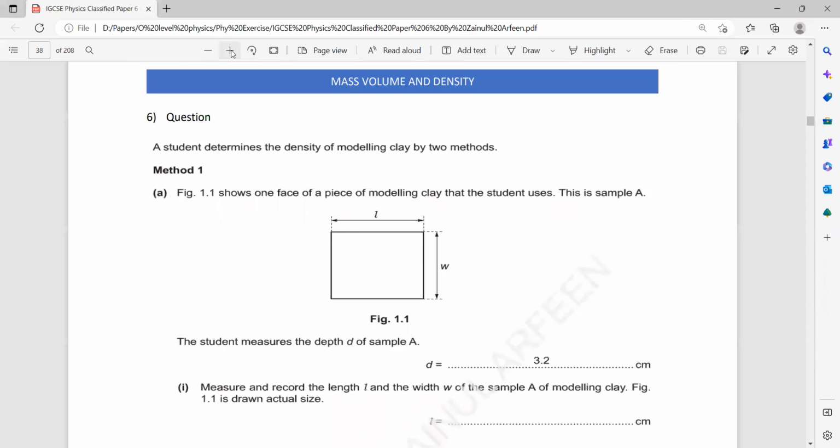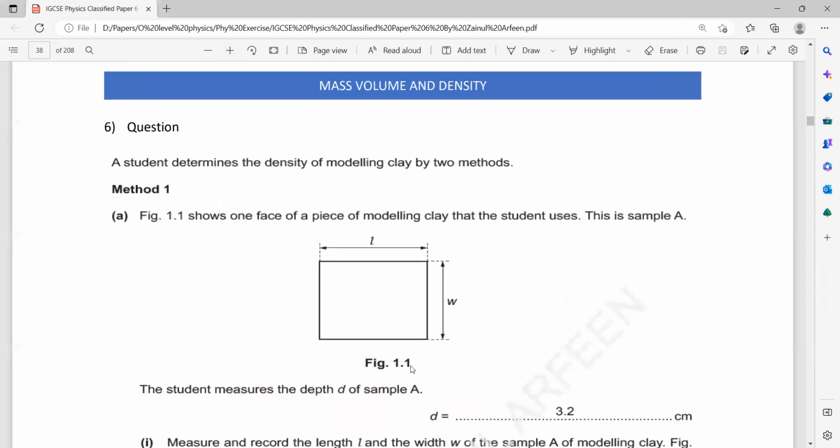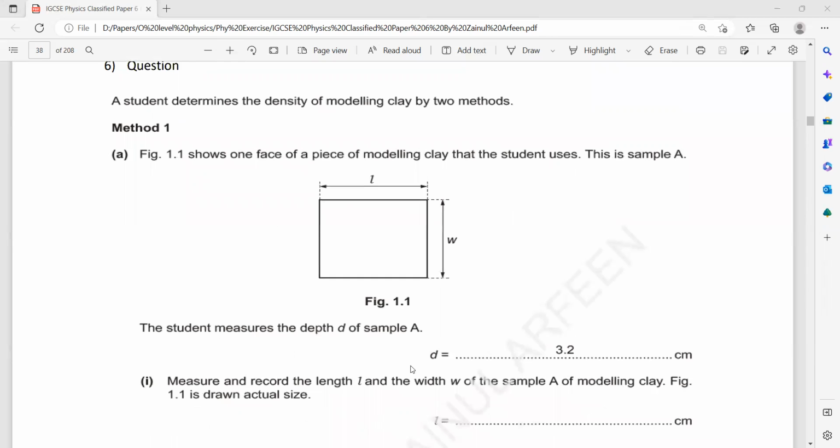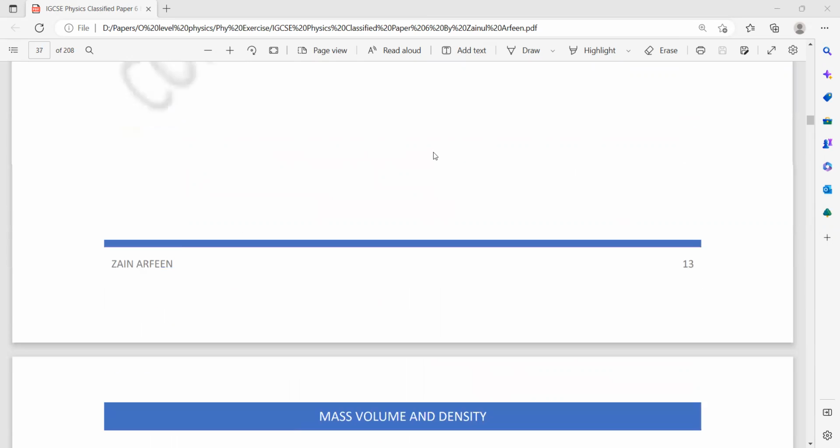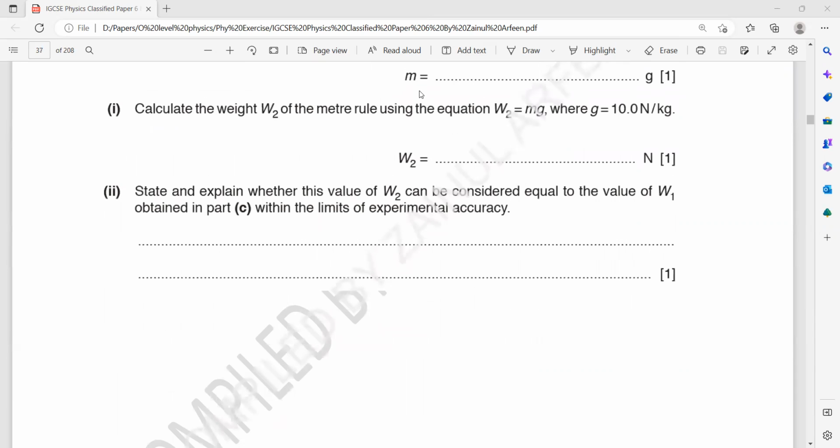The next one, question 6. So you can leave this part, state and explain whether the value W2 can be considered equal to W1. W1 you will find in the balancing experiment, because this is a part related to the balancing experiment as well. Just as I mentioned, say W1 is 1.1 and W2 we calculated 1.13.